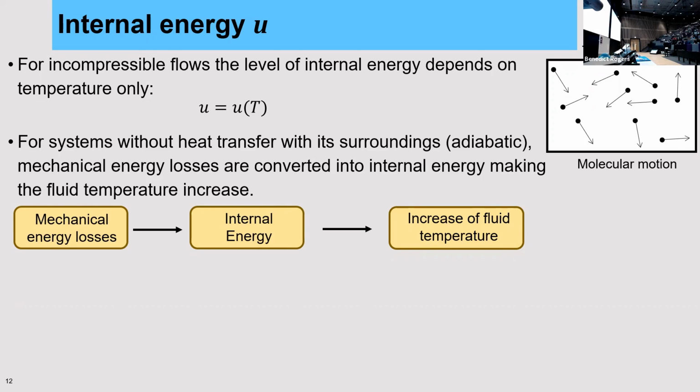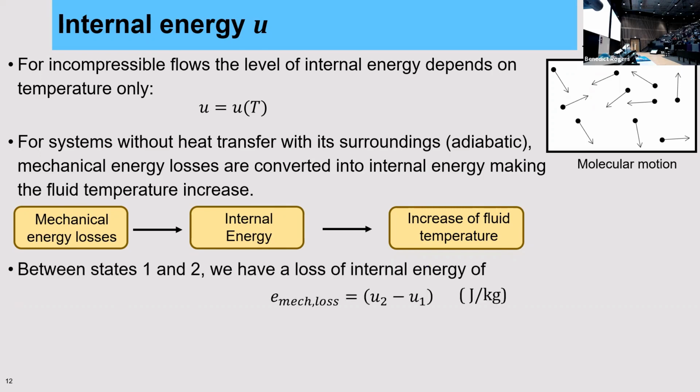So the internal energy is a function of temperature. That means between states 1 and 2, if we go from point 1 here where I'm standing to point 2 here, there's a little bit of mechanical loss. That's what we call mechanical loss in joules per kilogram, and that's the difference in the internal energy between those 2 points on our system.